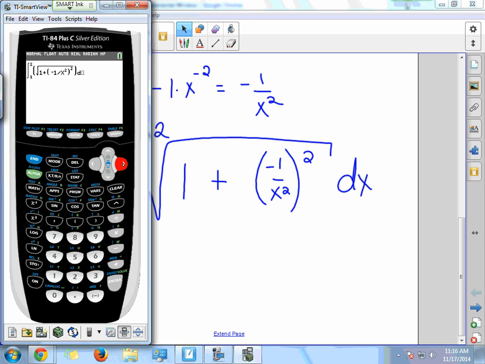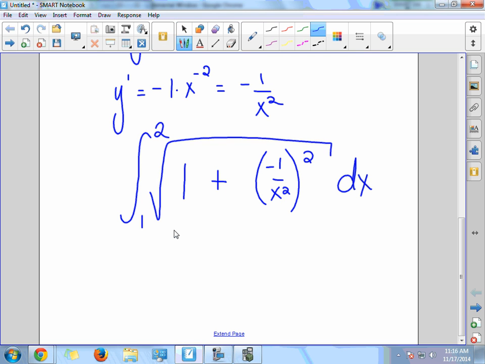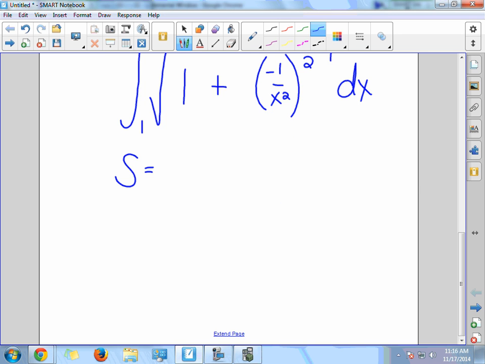Does that look okay? Good to me. So the length of that curve over the interval from 1 to 2 would be approximately 1.132. Generally S is denoted as the length of a curve, so I would say S is approximately 1.132.